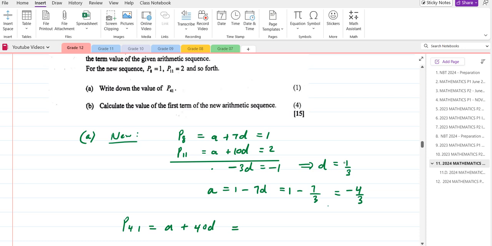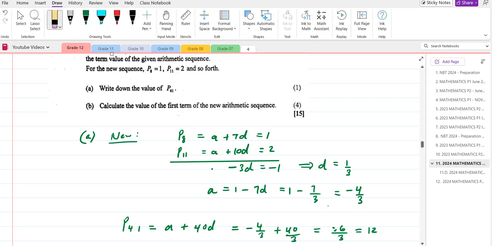A plus 40D. A is minus 4 over 3 plus 40 times D is 40 over 3. So I'm getting 40 minus 4 is 36 over 3, which is 12.